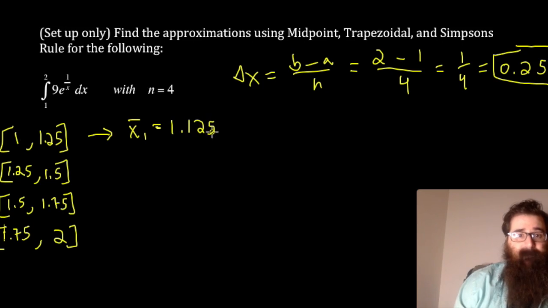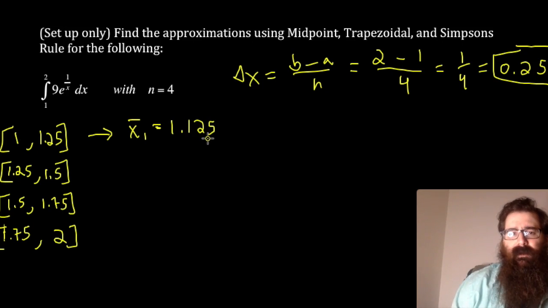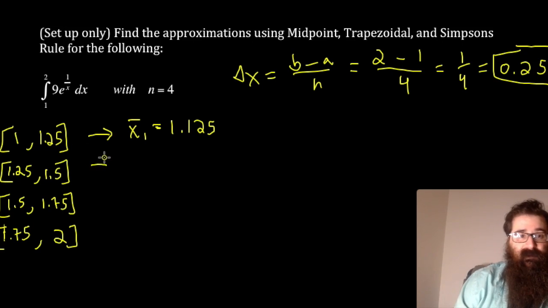And if we can't tell what the midpoint is by inspection, a way that I can compute it is just by averaging the endpoints of a subinterval. I would take 1 and add it to 1.25, and then divide by 2, just finding a very small average. So if you're not quite sure, then you can always do that.